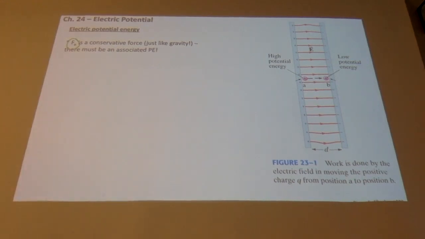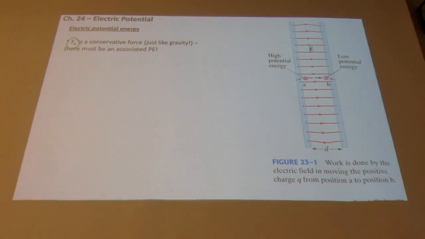On the other hand, the electric force is a conservative force. It doesn't waste energy. If it does some work and takes energy away from something, it stores it as potential energy and can put it back into the charge. So conservative forces have potential energy associated with them, okay?